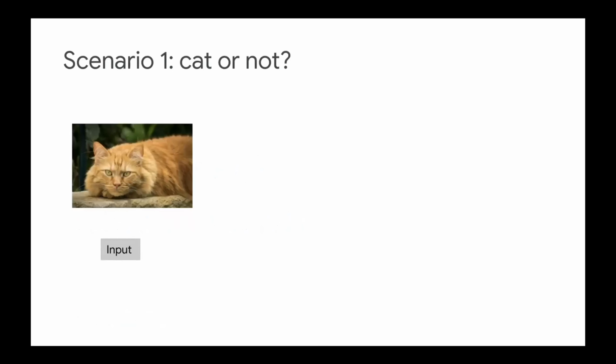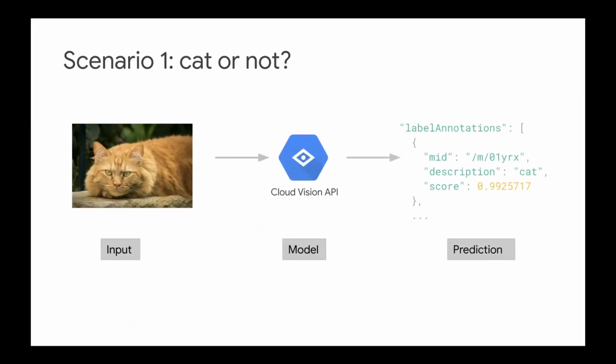Just to put an analogy, we always have to have cats and dogs analogies here when we're talking about machine learning, right? So with the pre-trained model APIs, you could answer a question like this: is this a cat or not? Pass it to the Cloud Vision API and get a description back, and you see 99% probability, yes, it's a cat. And of course it does way more than that, but I'm just trying to provide a simple example here.